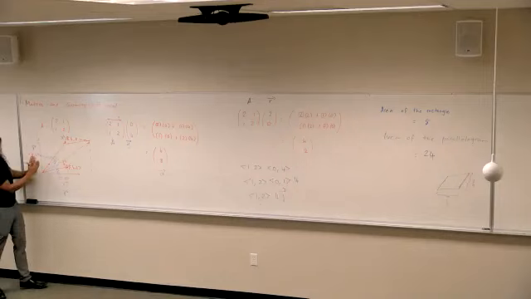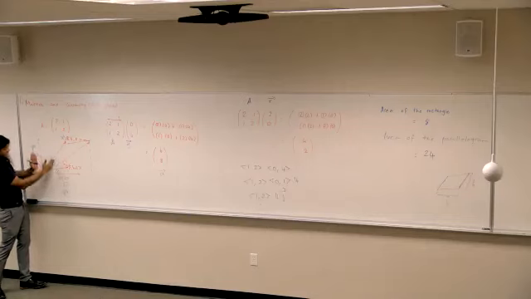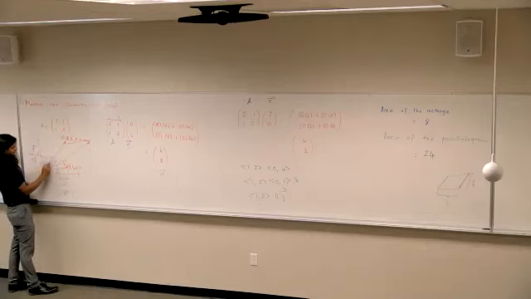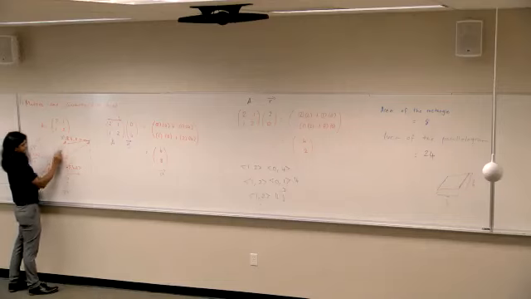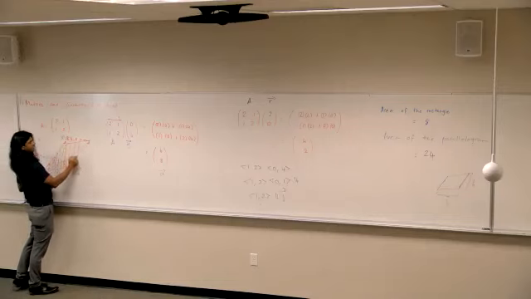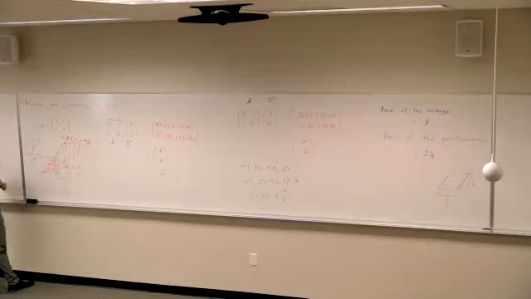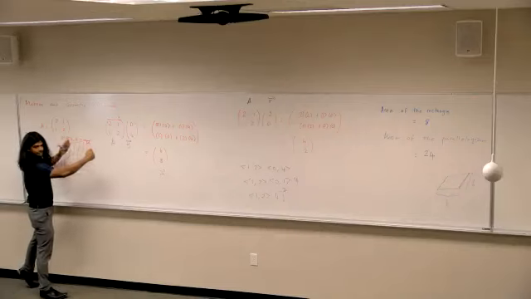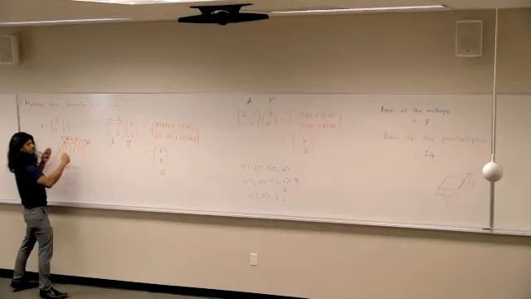And then I shaded, poorly, the area of a rectangle. The shaded area in orange is the area of that parallelogram. And how did I get that parallelogram?